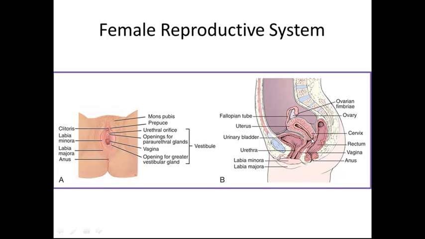The cervix is the gatekeeper of the uterus. The uterus is this big mechanism here, which is then hooked to the fallopian tubes, which then go to the ovarian fimbriae, and then the ovary is at the end of the ovarian fimbriae.